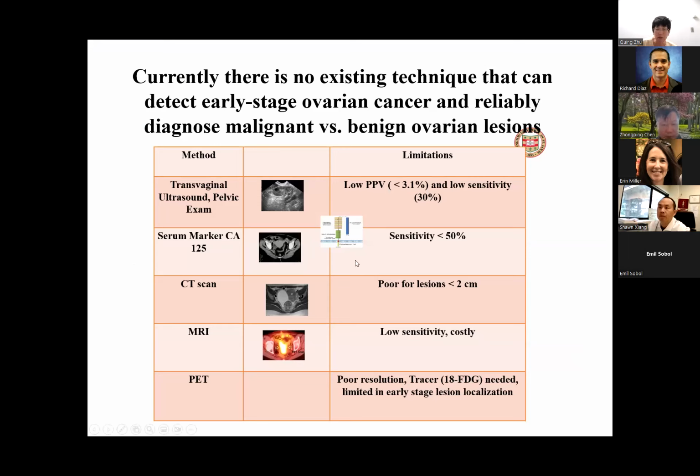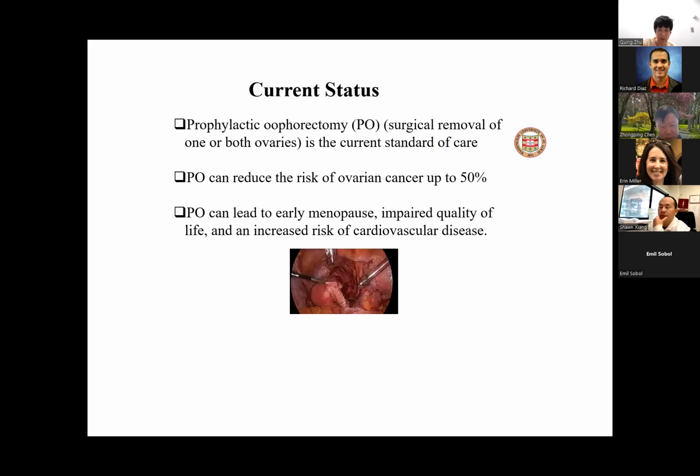There is a blood marker called CA-125, which is not very specific; inflammation and endometriosis can give falsely high values of CA-125. CT is not good for small lesions, MRI has low sensitivity and is also costly, and PET imaging has low resolution. So the real limitation is there.